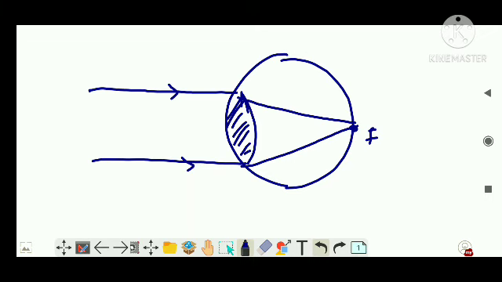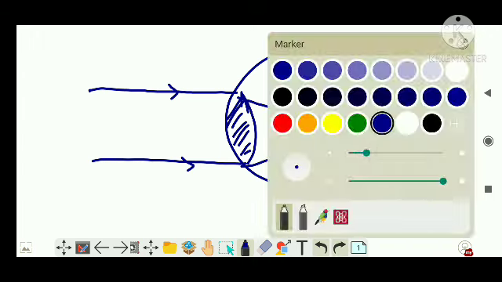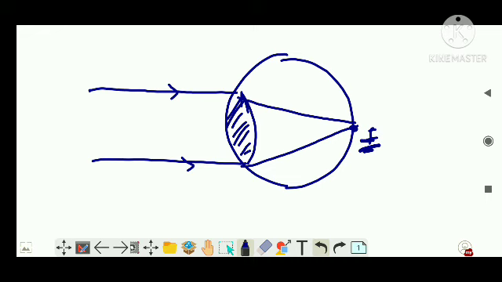That is, when the far away object comes and the light rays fall on your cornea, the ciliary muscles will relax, thus the lens gets stretched, and the focal length increases, in such a way that the image will be formed at f itself.